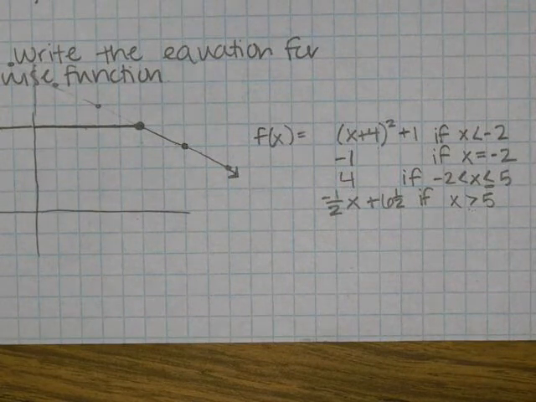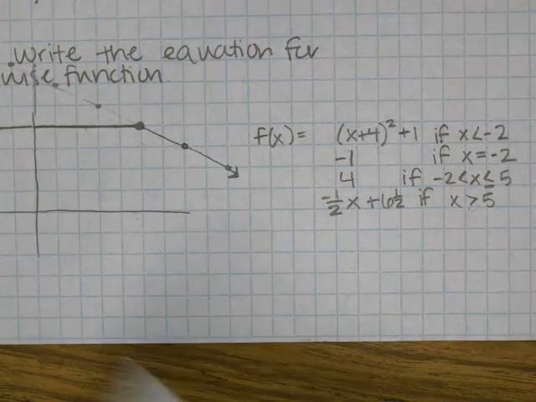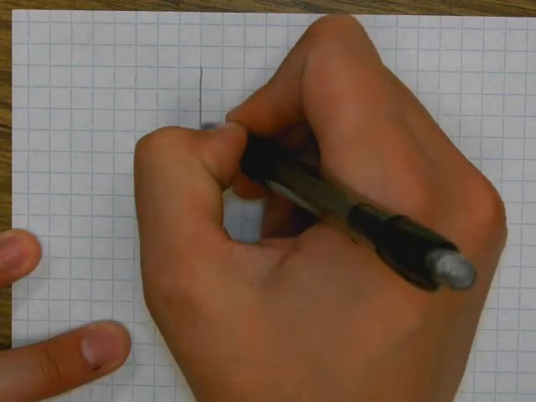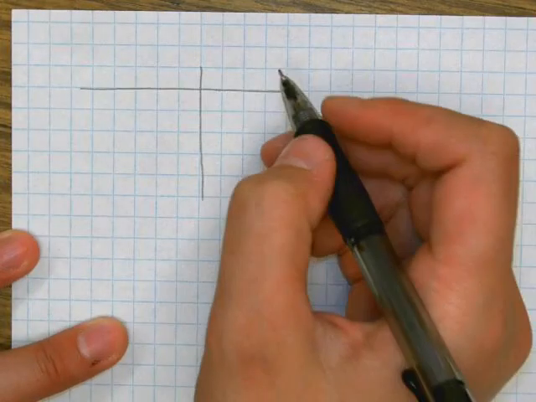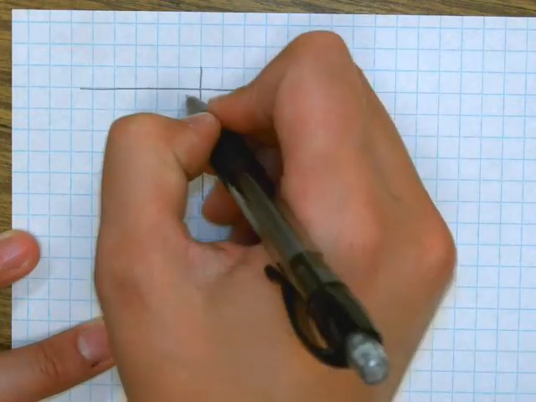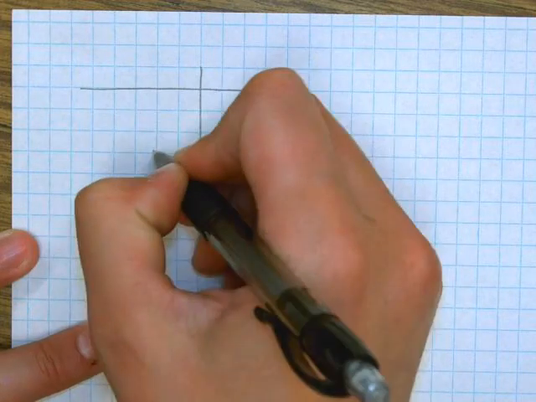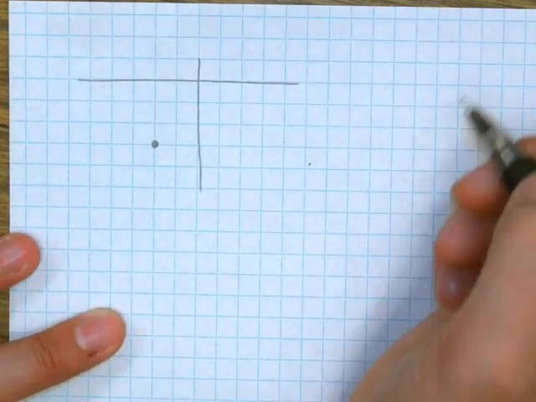There's one more thing I want you to put in your notes, and this is just to think about. So we're going to go ahead and draw a picture of an absolute value graph.